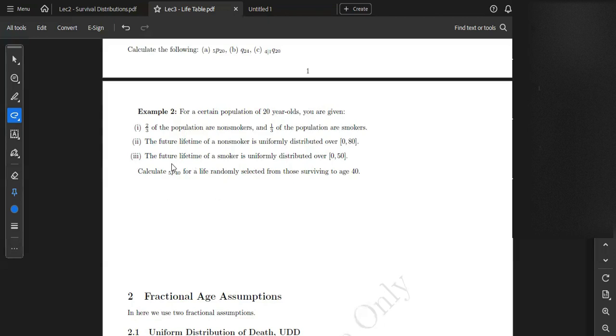So in here, we need to find that probability for a life selected from those surviving to age 40. So if someone lives for 40 years in this population, for those individuals we are calculating the event of them surviving for 5 more years. So that's the story of this question.